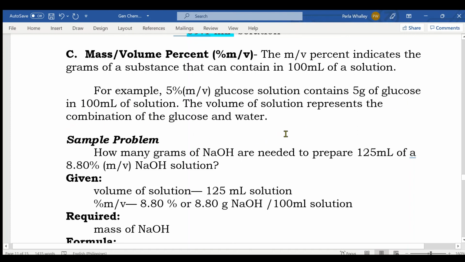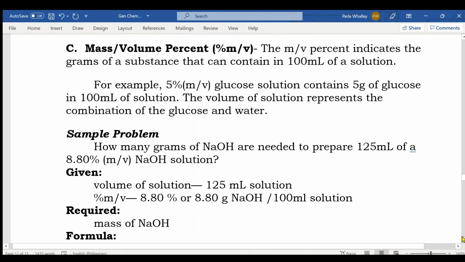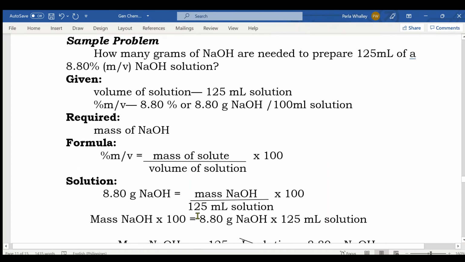The volume of solution represents the combination of glucose and water. Sample problem: how many grams of sodium hydroxide are needed to prepare 125 ml of a 8.80% m over v sodium hydroxide solution?